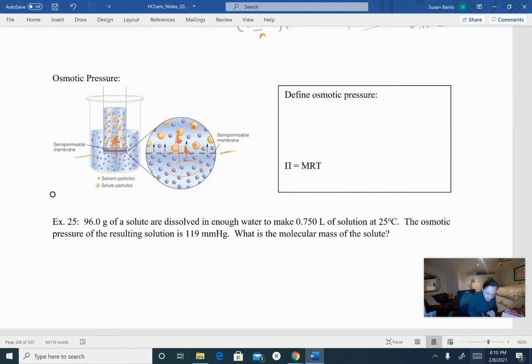Now, if I took a piston and pressed down on that piston with just enough force to keep this flow from happening, that would be the osmotic pressure.